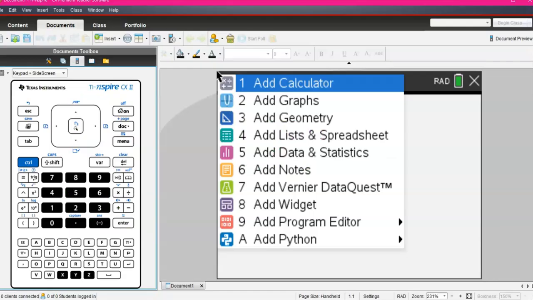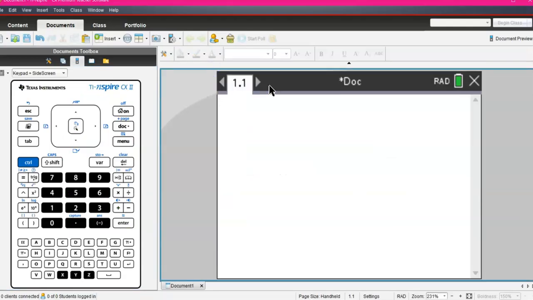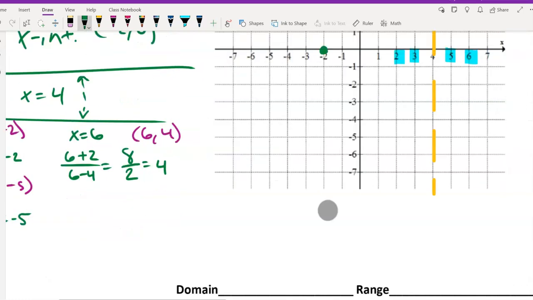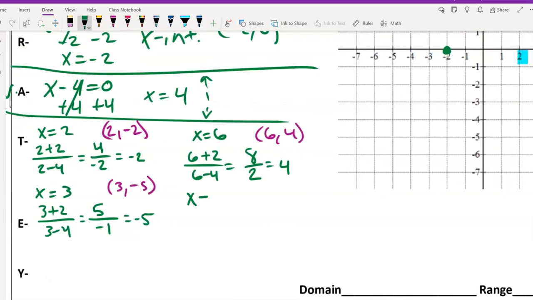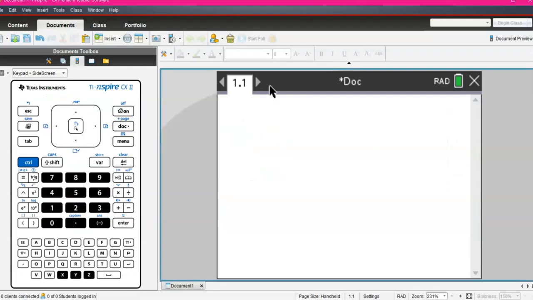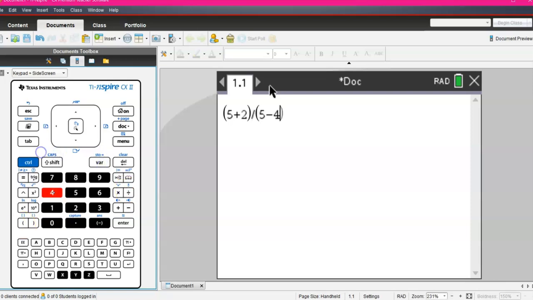And the last one, I'll show you how to put it in the calculator. We said the other number was 5. So we're going to say 5 plus 2 over 5 minus 4. So go to your calculator. We're going to say parentheses 5 plus 2, close parentheses, over parentheses 5 minus 4. Enter, and we get 7.